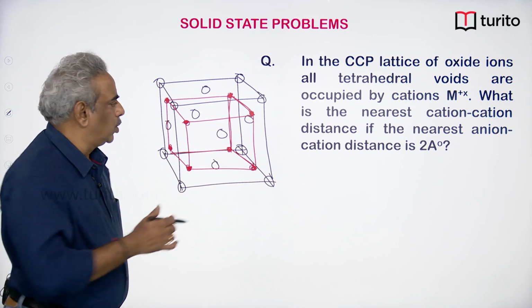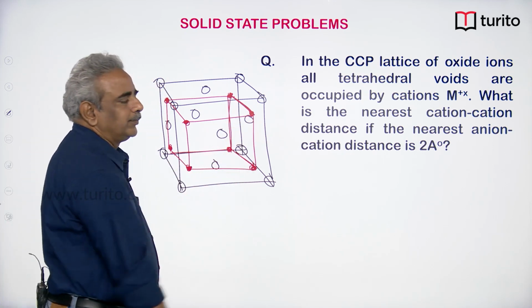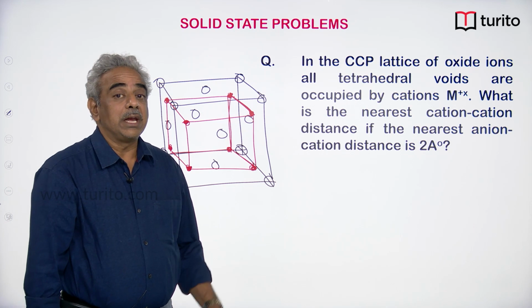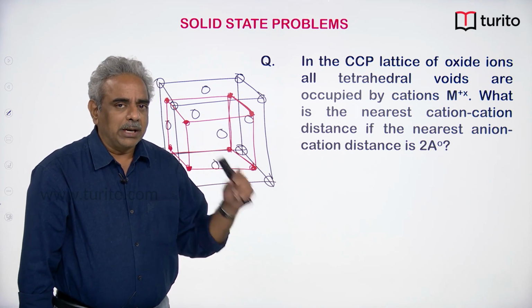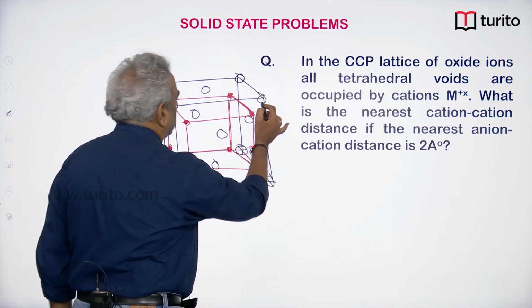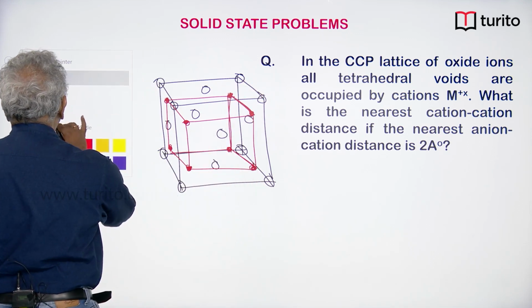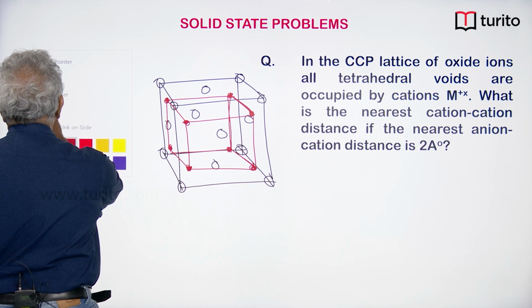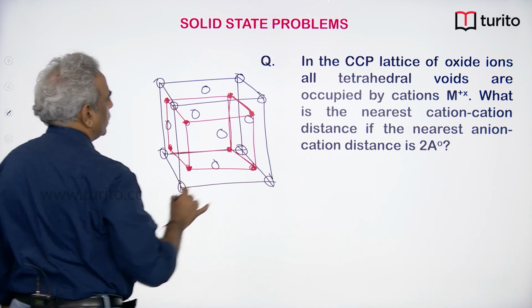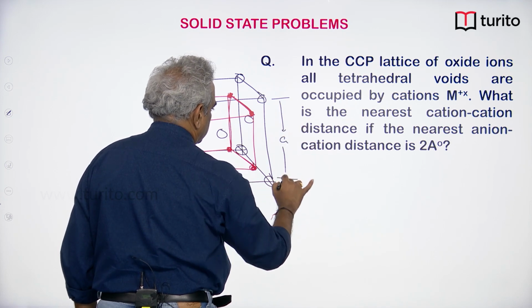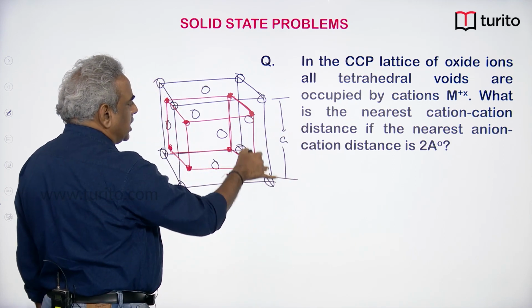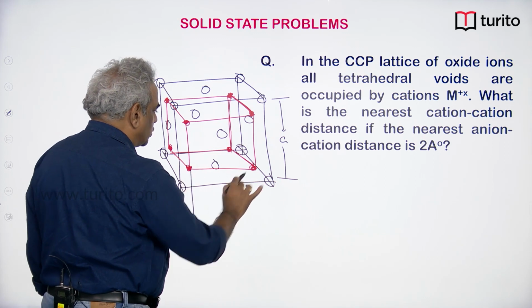Corner atoms. So, he is indirectly asking the edge length of the inner cube. I told you very clearly, if the edge length of the outer cube is A, automatically the edge length of the inner cube will become A by 2.